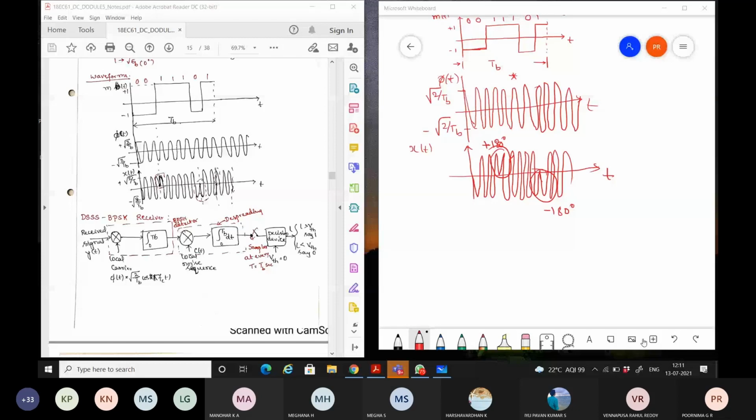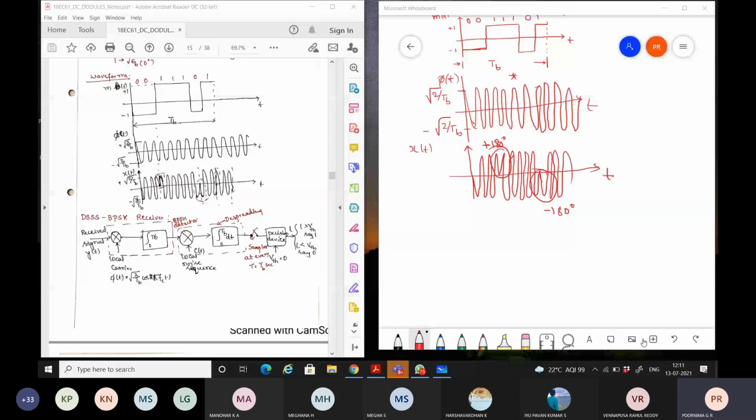So the probability of error, if you substitute for the N naught value, is half of the complementary error function of root EB by J into Tc.